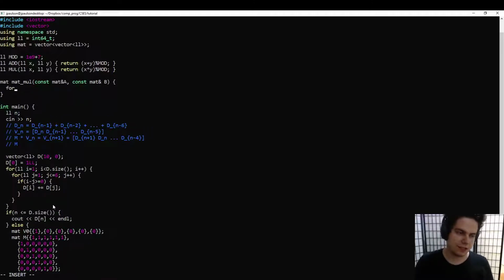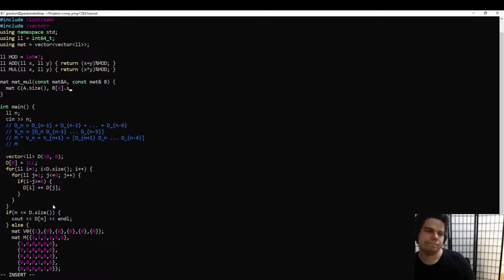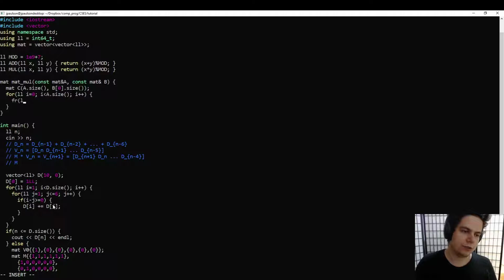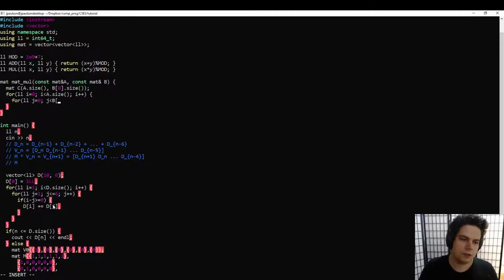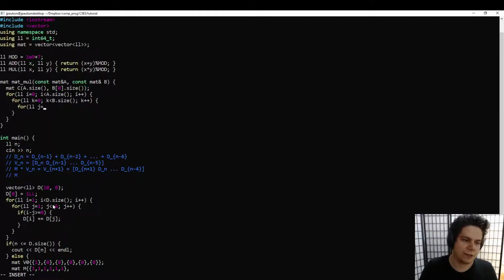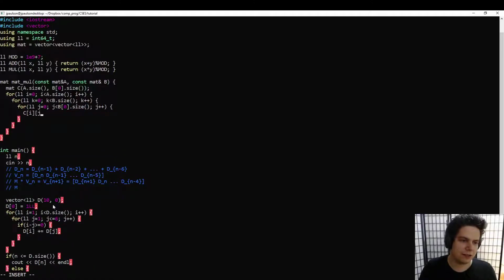Probably the hardest actual part of this is writing matrix multiplication. So just remember, matrix multiplication is a dot product between the rows of A and the columns of B, which means that the length of each row in A has to match the length of each column in B. And obviously it doesn't matter what you name them, but I find it easier to think about when I name them this way.